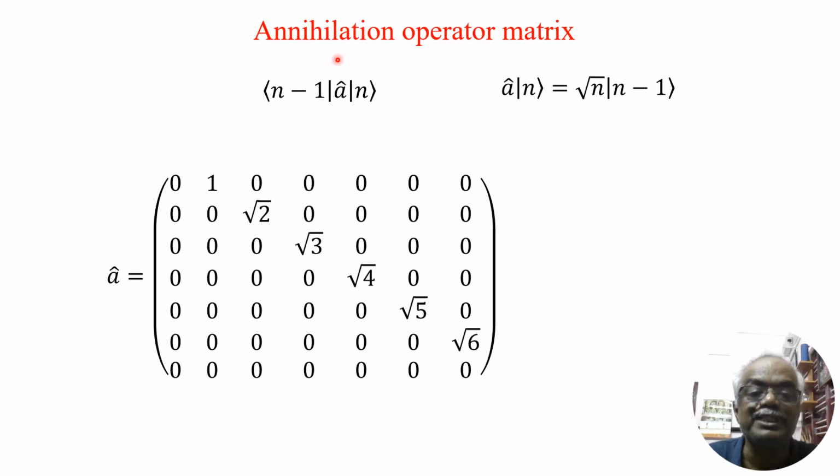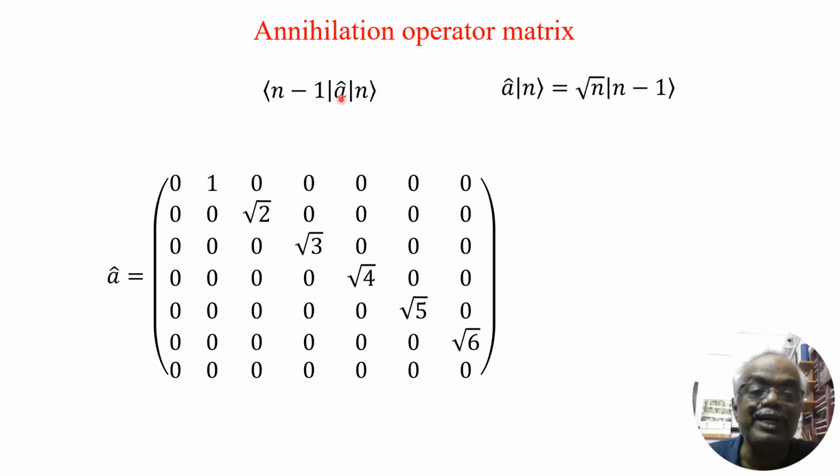Now we will see the annihilation operator matrix. This is a very, very interesting one. See, when the bra vector is n minus 1, if you take the inner product of A, the annihilation operator A acting on ket n, it will produce n minus 1. So the inner product will be 1.